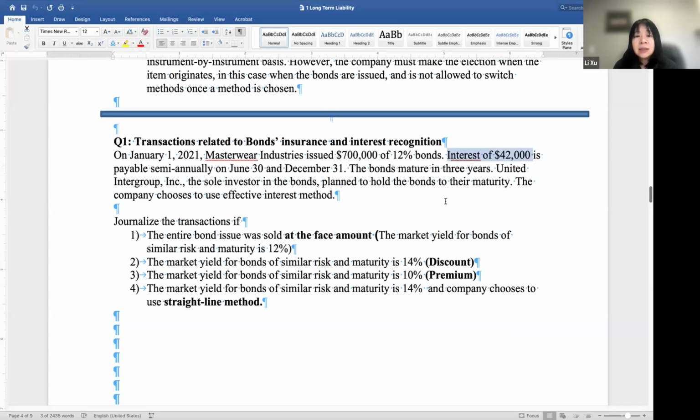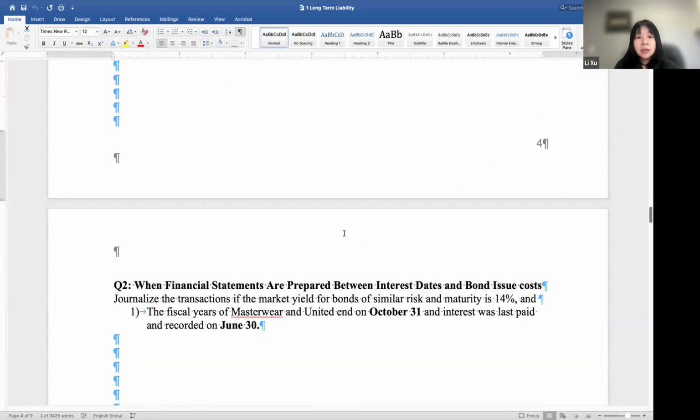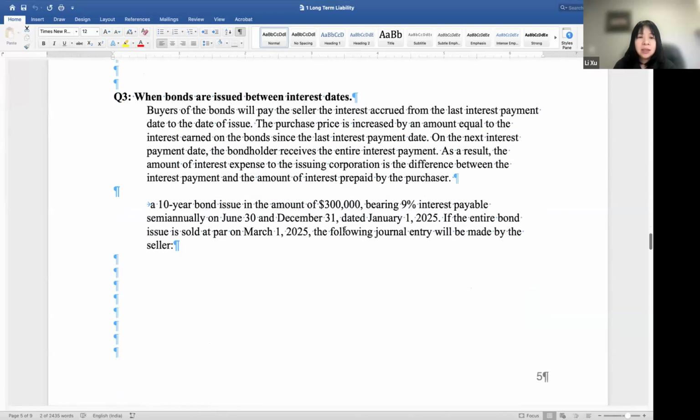And pay attention: is this interest paid twice per year or once per year? Also, if a payment is on December 31st, then when you receive cash interest, you debit cash. But if a payment is on January 1st, then your journal entry should be interest receivable. Okay, receivable.